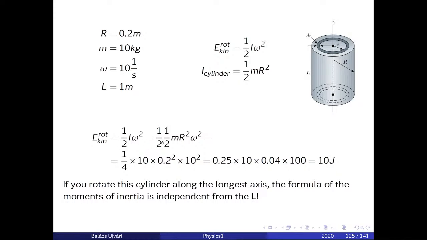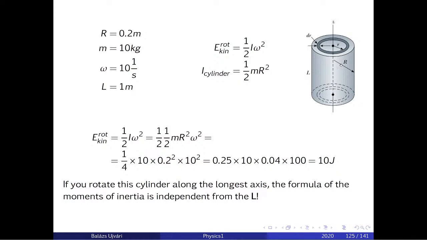Let's just use the formula, and you can have that the rotational kinetic energy is 10 joule. And if you look at this calculation, you can see the kinetic energy of this rotating system does not depend on the L. But don't forget, this is only true if we rotate along this z-axis.